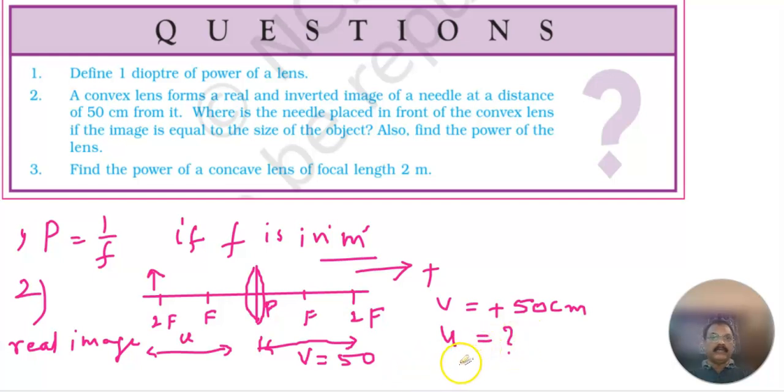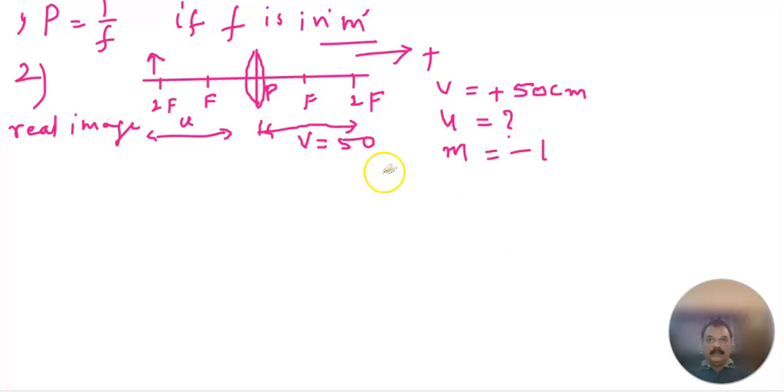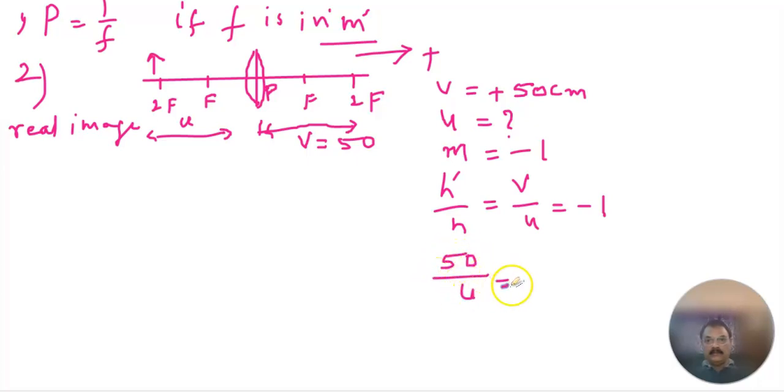Another thing given is the magnification. Its magnification is -1 because it is real. The size of image h dash by the size of object h is equal to v by u, which is equal to -1. So v is given, that is 50 by u, equal to -1.